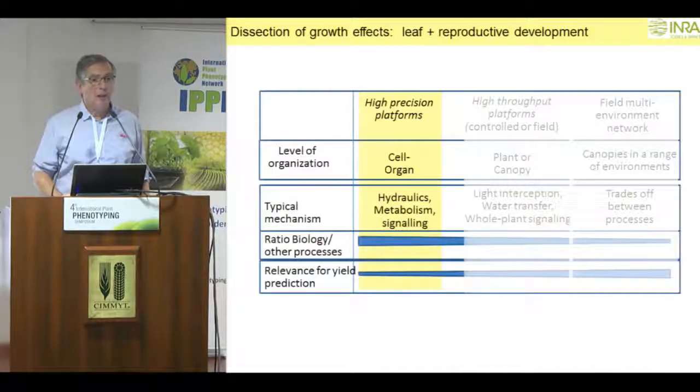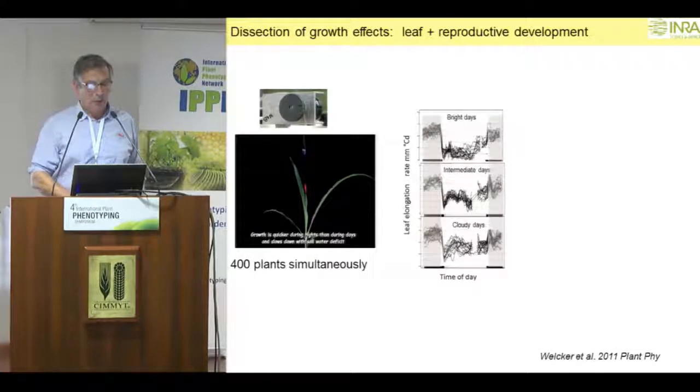So, if leaf growth is important, we might like to study it in more detail, so I will do that rapidly in different types of platforms. So we have a type of platform in which we can measure growth every 3 minutes if we like.